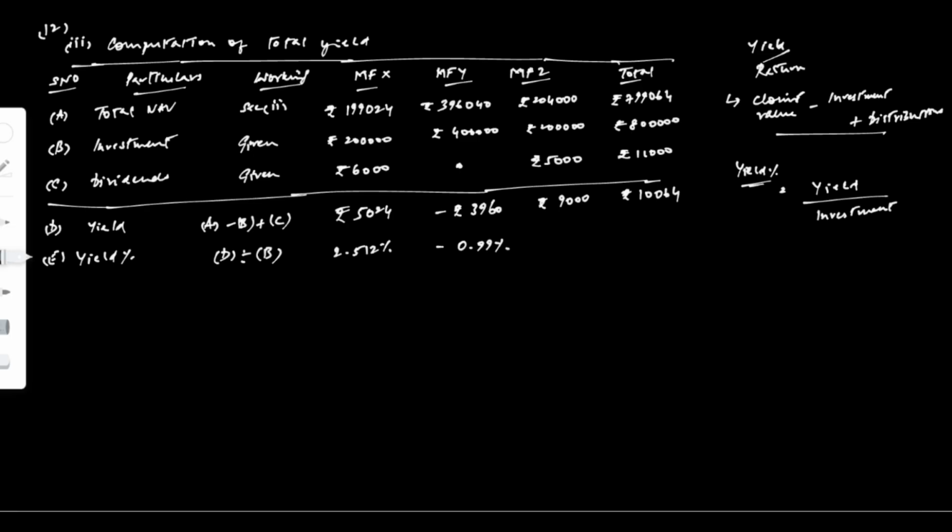Then 9,000 by 2 lakh is 4.5%. And 10064 by 8 lakh, for the total yield, is 1.258%. Therefore, total yield is 1.258%.